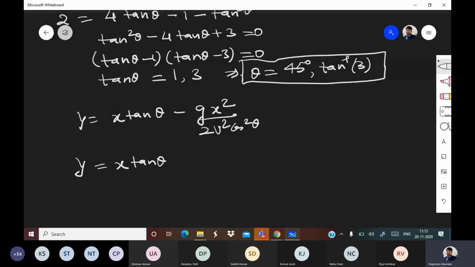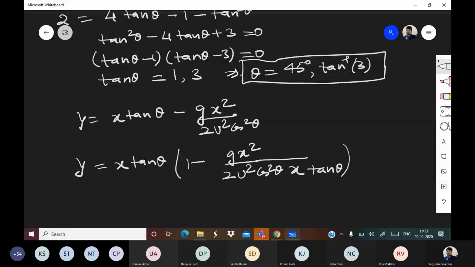So if I am taking x tan theta common, it will be 1 minus gx square upon 2u square cos square theta. Now taking x tan theta common means I am dividing it by x tan theta. Common means divide, right? So that will be leaving us with x cancelled, and tan theta can also be written as sin theta upon cos theta. So one cos and one cos will also be cancelled. Correct.